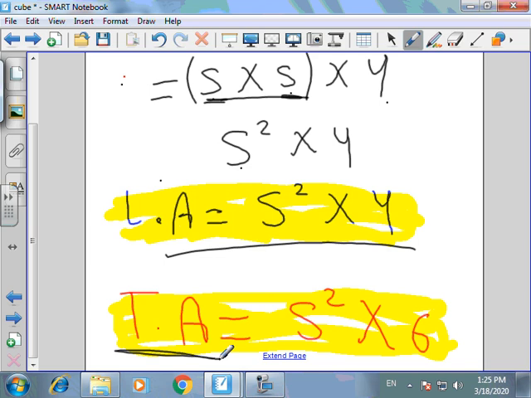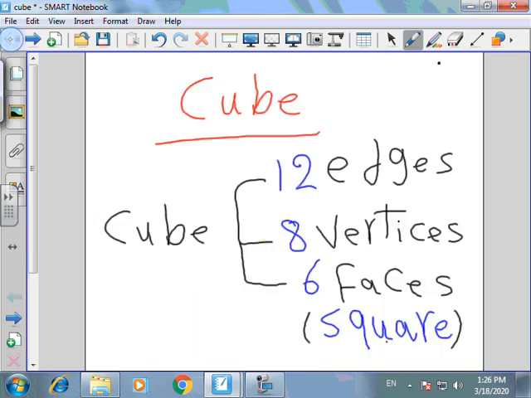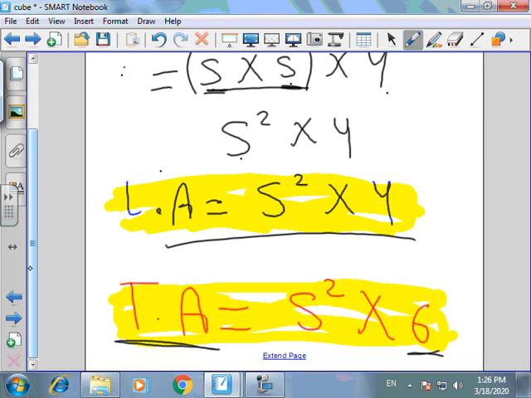The same idea: we get only the area of one face, and then we multiply it by 6, because we have 6 equal faces, as we said before. So the total surface area is the area of one face, s to the power 2, times 6.